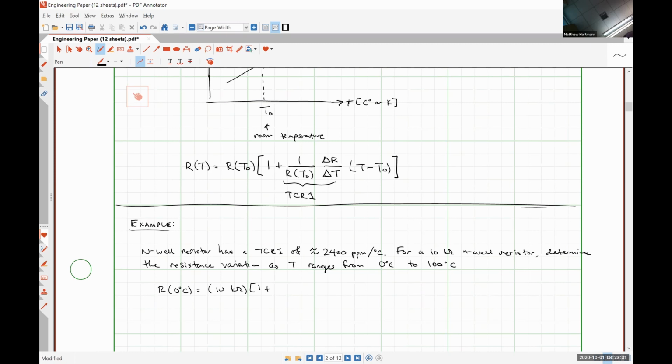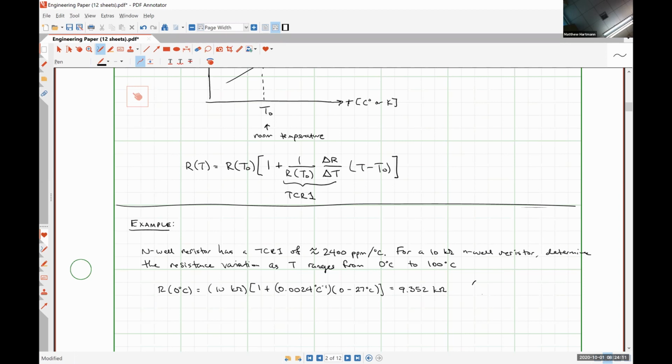So 2400 parts per million is the same as 2.4 parts per thousand, so 0.0024 per degree C, multiplied by our temperature variation, so 0 minus room temperature 27 degrees Celsius, and this is going to give us a value of 9.352 kiloohms.